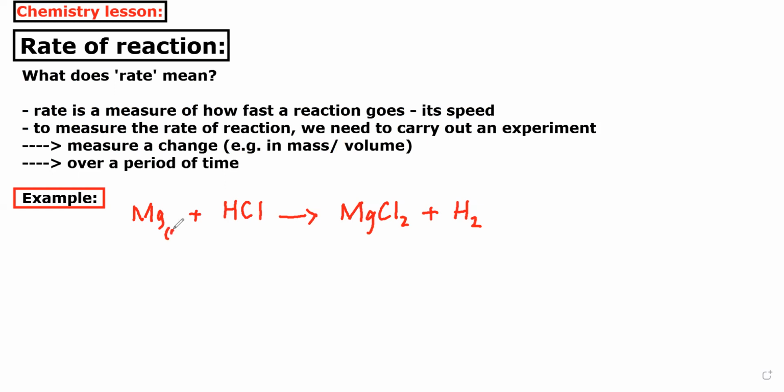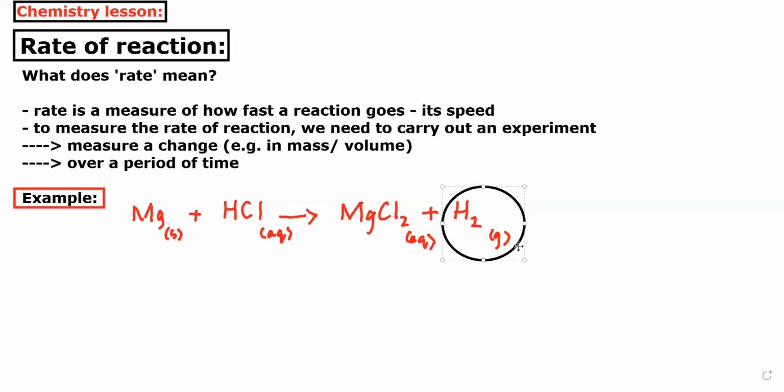Magnesium, let's put state symbols also. This is solid. HCl, hydrochloric acid, is aqueous. Magnesium chloride is also aqueous, and hydrogen is a gas. So here, when we look at it, one of the products is gas.